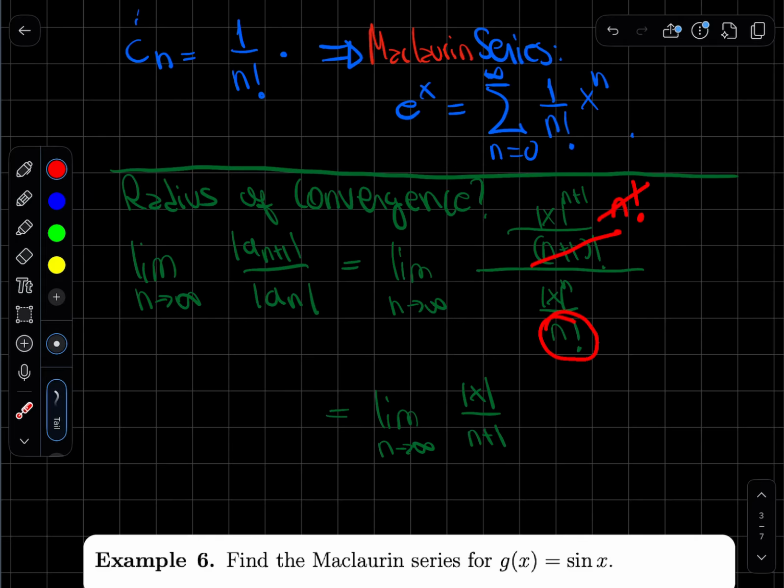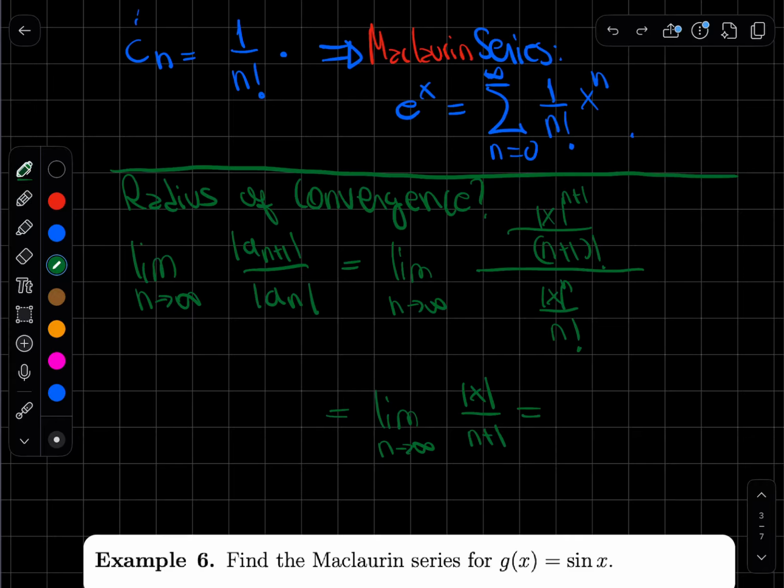When I cancel it out, I get n plus 1 left. And this here, after I flip it upside down, is going to end up at the bottom. I cancel this out with this, and I end up with a power of 1 here because I subtract the 2 powers. And it doesn't matter what x is as n goes to infinity.